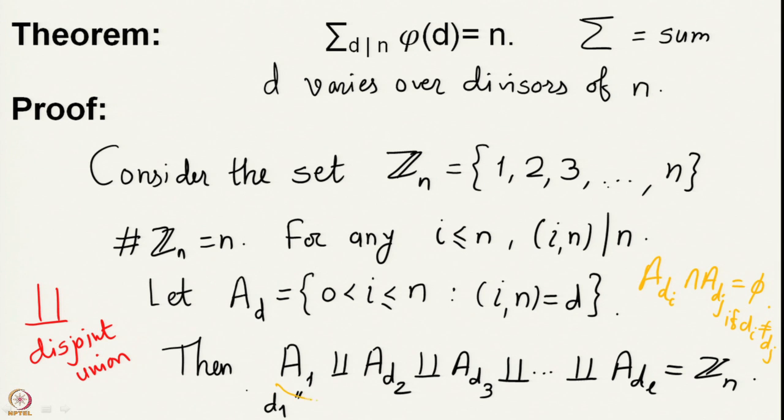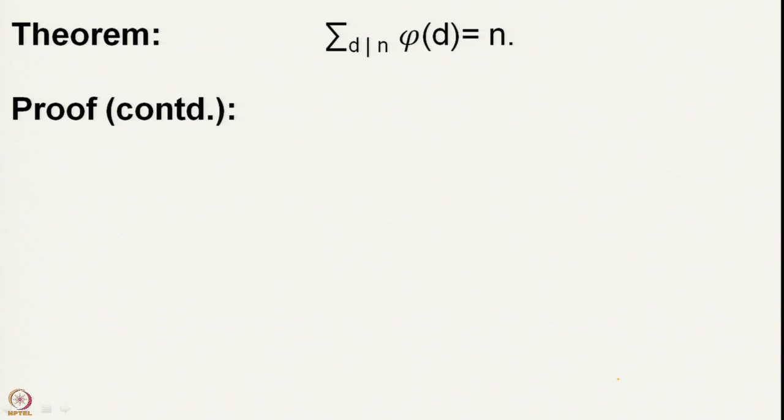So, we have that this is a disjoint union and it gives you Zn, that is because every element in Zn should have a GCD which divides n. So, on the left hand side we have the Di, all possible divisors of n, and the disjoint union of all these A_Di gives us Zn.